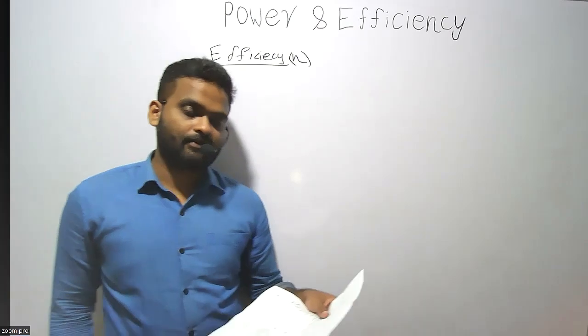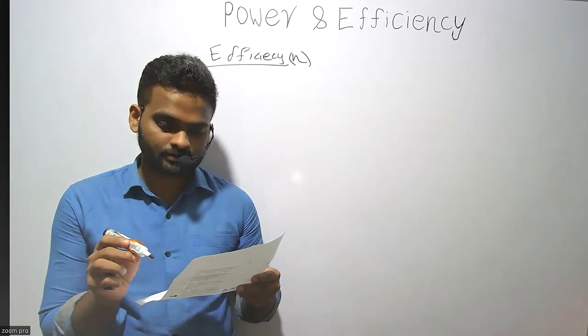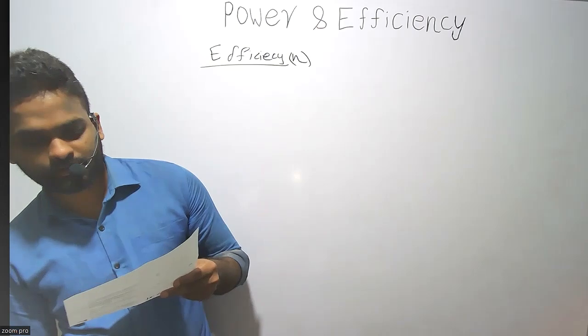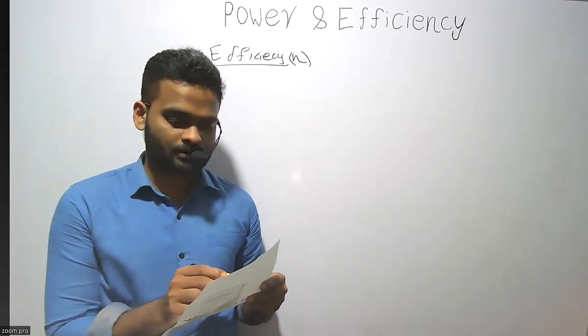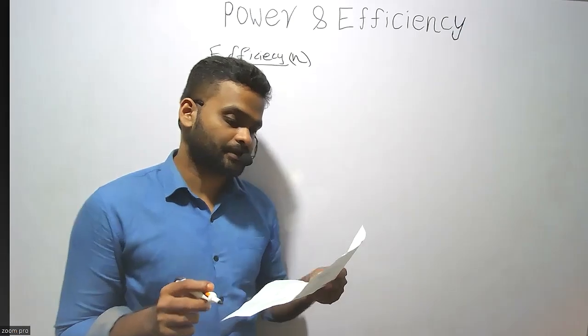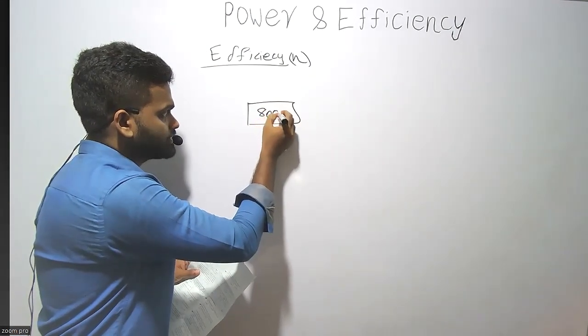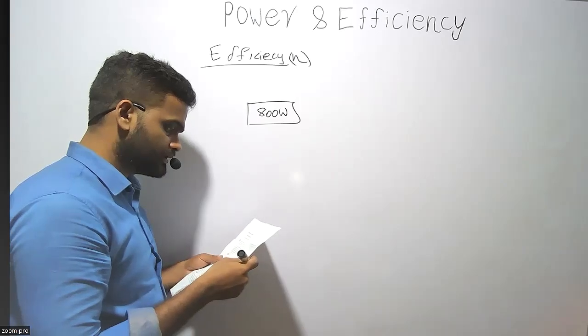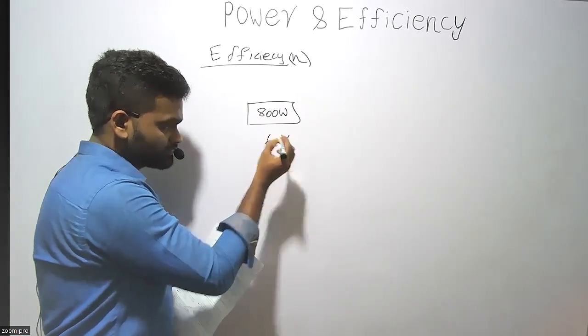Try the 7th MCQ. Efficiency of a motor with power 800 watt. So this motor has 800 watt and the efficiency is 60%. What does it mean?